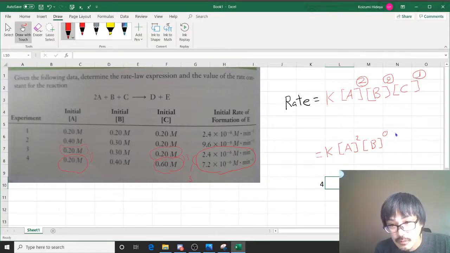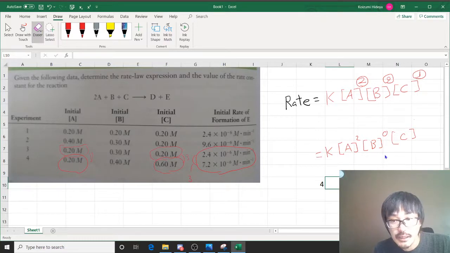The pen is not working very well. So C to the 1, and we can pretty much ignore B right here. So that's the rate expression.